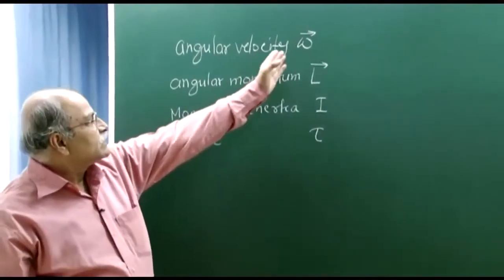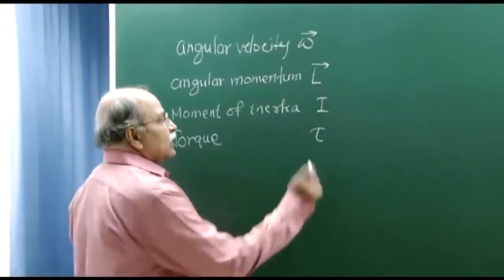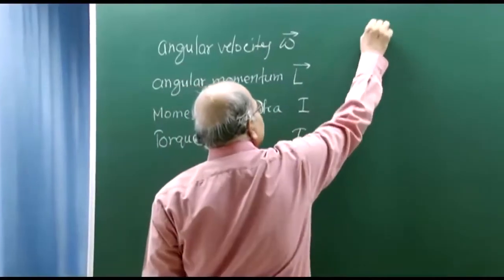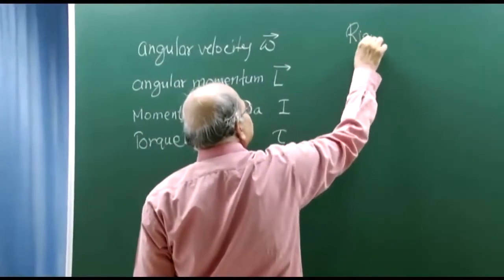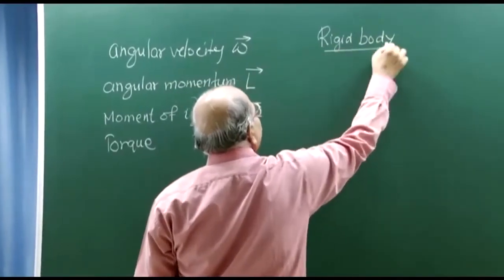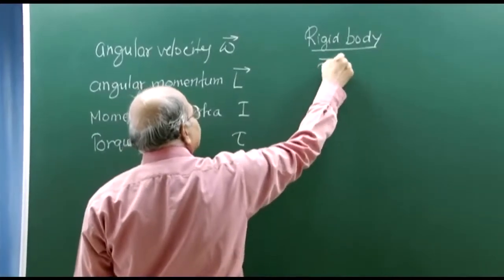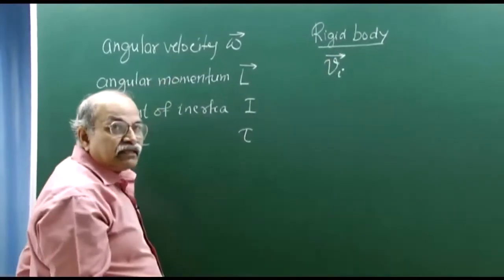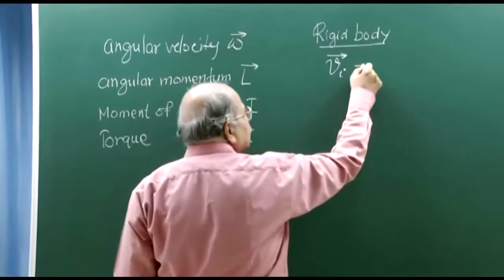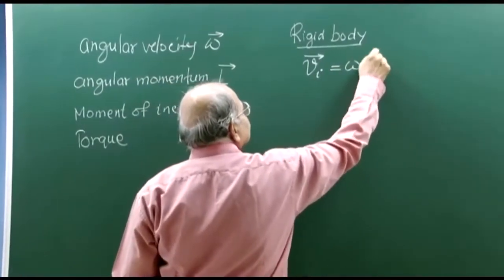So, angular velocity is a vector quantity omega, and if you have a rigid body which is rotating, and if you find the linear velocity of any particle, it can be written as omega cross Ri.